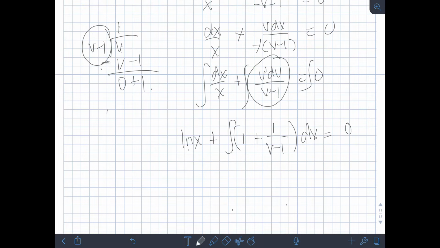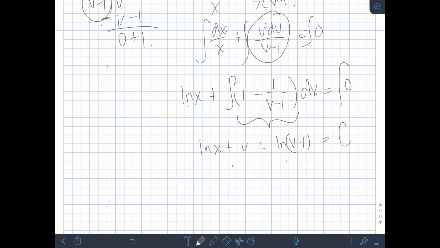Okay? So, pwede na natin itong ma-integrate. Anong integral ng 1 dv? Simply v, right? Plus integral ng 1 over v minus 1 dv. So, parang ln lang yan, diba? ln v minus 1 equals, itong integral ng 0, gawin na natin constant. Okay? So, pagsama-samahin na natin, itong v, pwede natin gawing in terms of natural logarithm din.